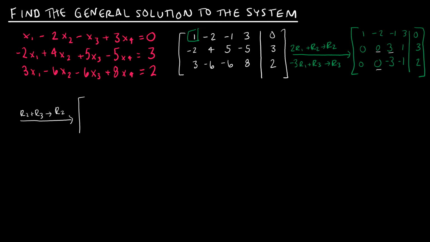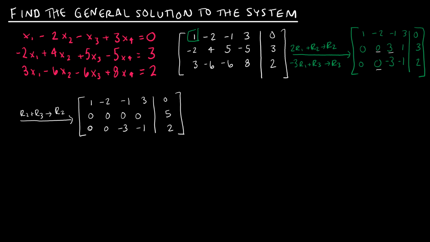I don't care if you make it row 2 or row 3, but my first row would remain exactly what I have. And my third row I've decided is going to remain. But my second row is going to be row 2 plus row 3. So that gives me 0 here, 0 here, 0 here, 0 here, and 5.